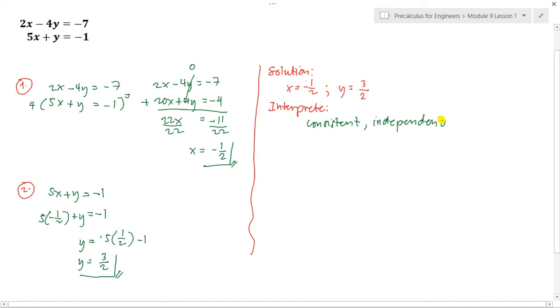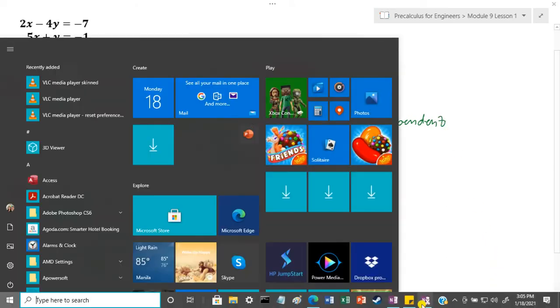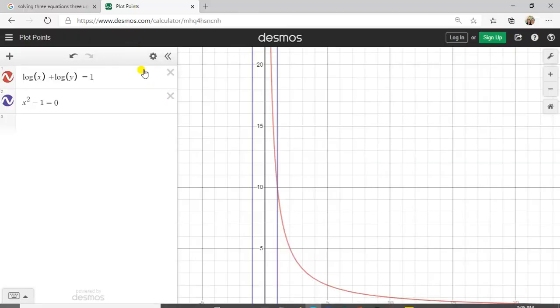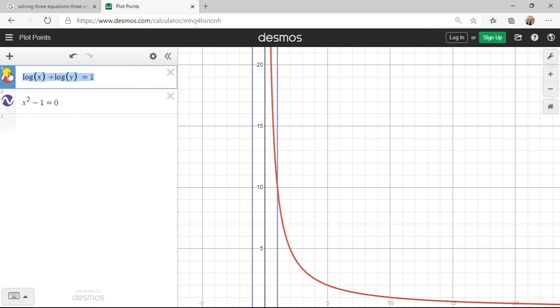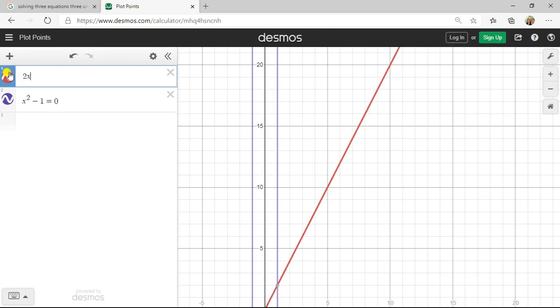And if you are still not sure, you can verify this with our graphing calculator. So this is 5x plus y equals negative 1. Let's see how it behaves. We have 2x minus 4y equals negative 7.